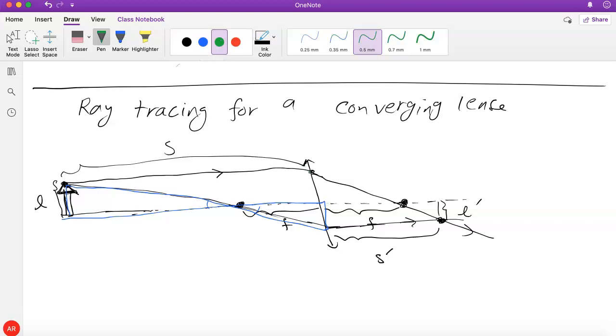Similarly, these, let me draw that in red. It's more visible. Sorry, I don't want to do that. I want to draw this and that. Again, these are two right triangles that have the same angles. So they're similar.